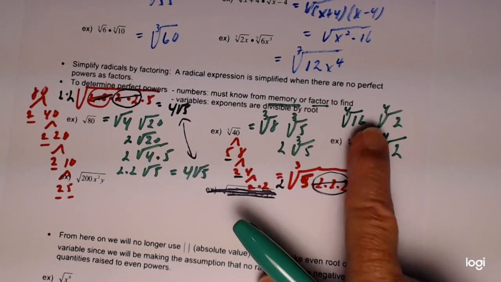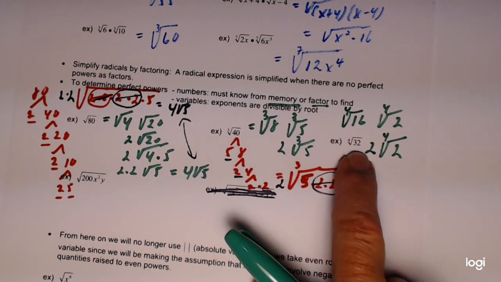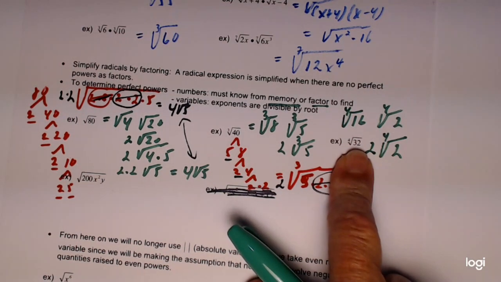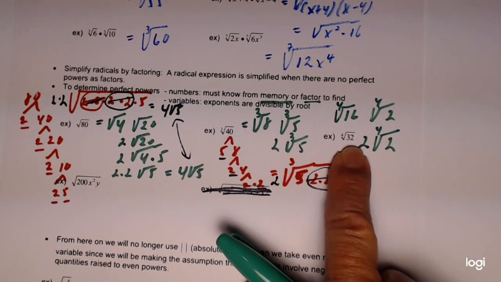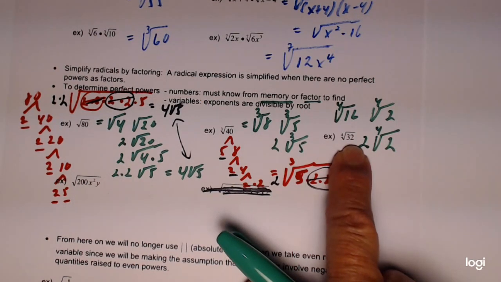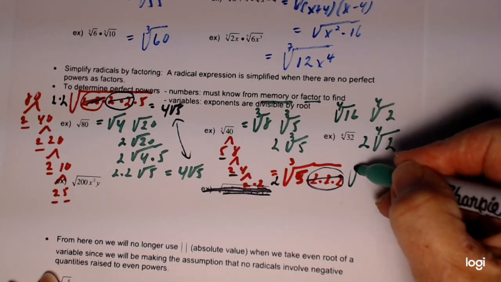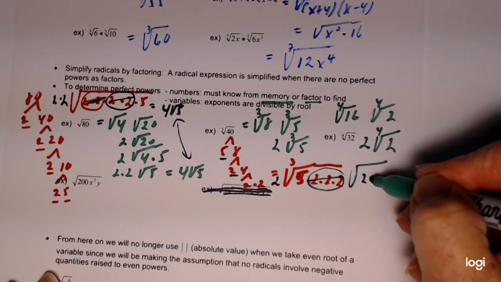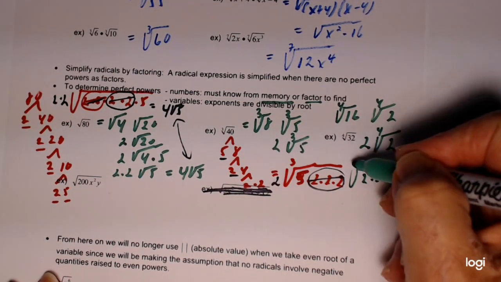Now, if you're saying, whoa, I never would have come up with 16 as a perfect power of 4, what you could do, I'm not going to take the time to do it now, is factor 32, 2 times 16, then 16, 2 times 8, continue down into your prime factors. And what you would end up with is 2 times 2 times 2 times 2 times 2.